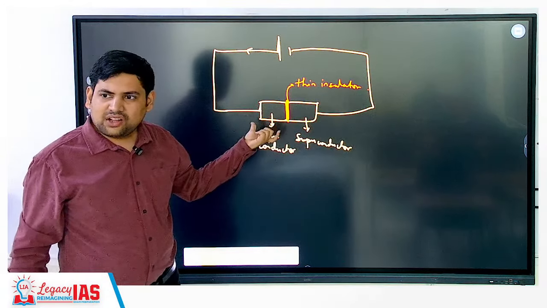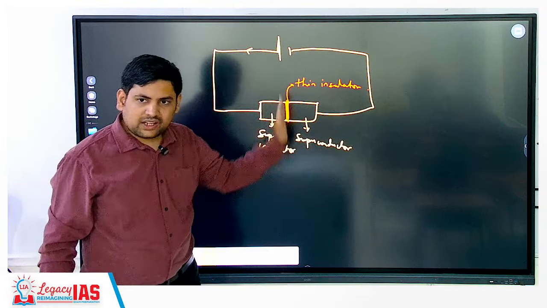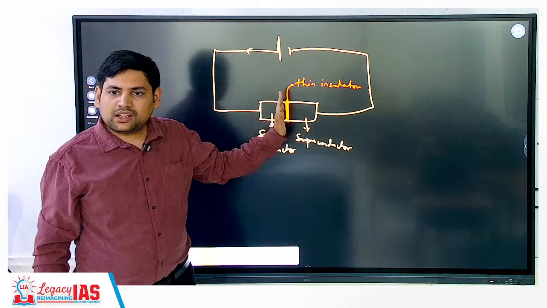On one side you have a superconductor, on the other side also you have a superconductor. This is divided by a thin insulator. Okay, this is being stopped by a thin insulator.